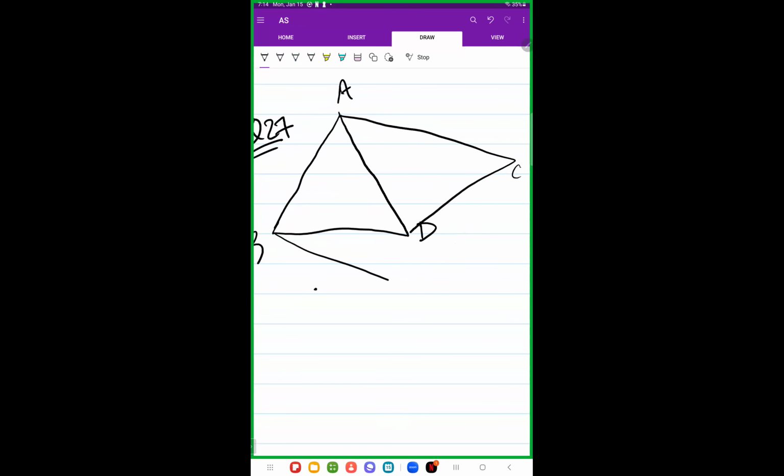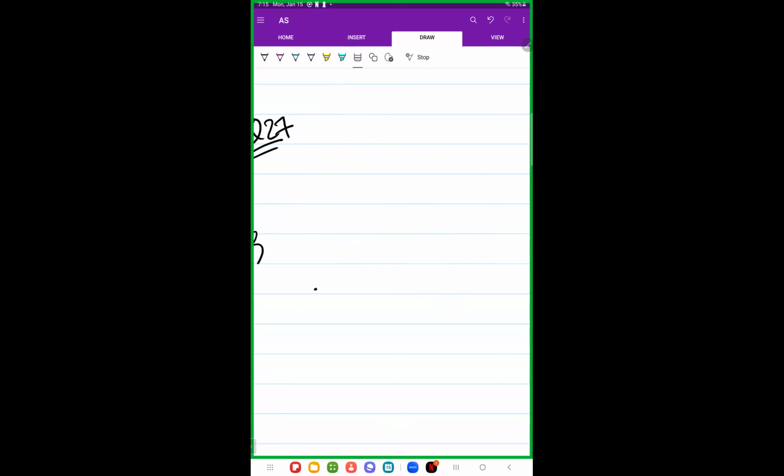Let's say this is CBD. Let's just draw this separately. ABCD basin. Okay, so ABD.